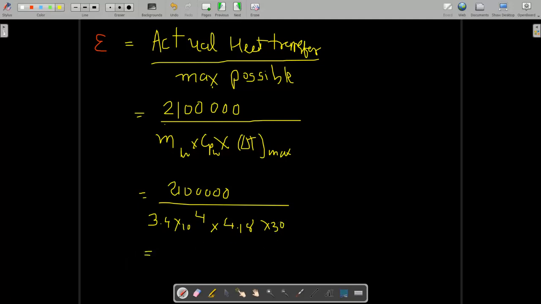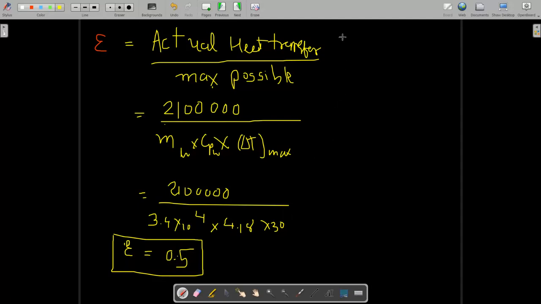When you solve this, you will find effectiveness as 0.5. That means there is a chance of 4200 megawatt, but actually only 2100 megawatt is being exchanged.